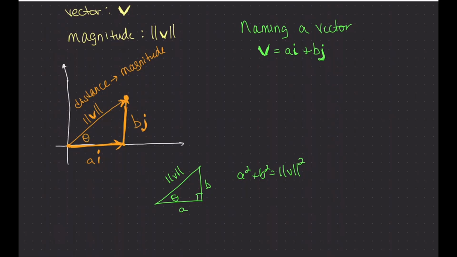Could we solve it just for our magnitude? Could we square root both sides? If you square root something that's being squared, it's going to take the square away. So we get the square root of a squared plus b squared equals our magnitude.